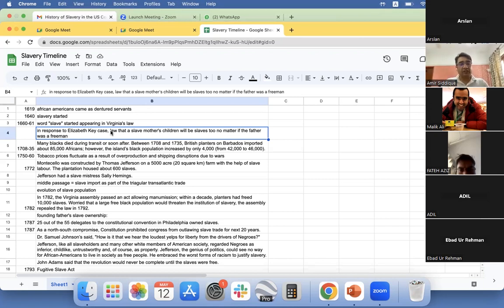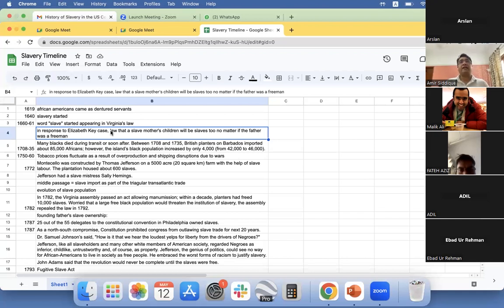So this law is a horrible law. Obviously there was no such precedent in British common law at that time, where people used to take their father's status. But there they found a very interesting way to keep people in slavery.